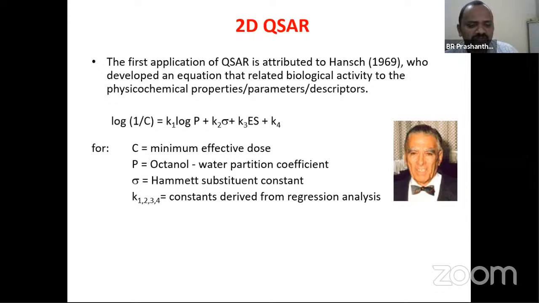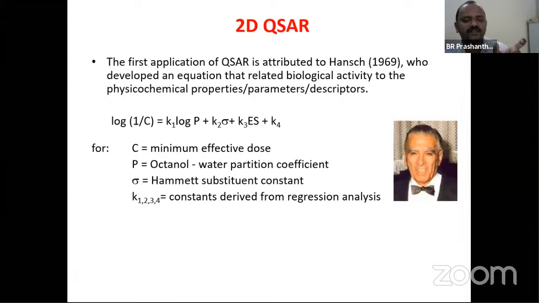So now this is what we can understand from 2D QSAR. Finally we optimize the model and come out with a better model. That means we define what K1, K2, K3 are. That indicates how much of that particular parameter should be there in that particular set of molecules to exhibit optimal biological activity.